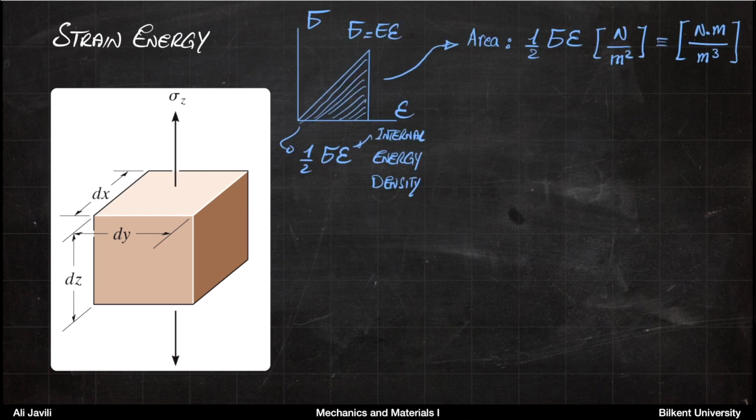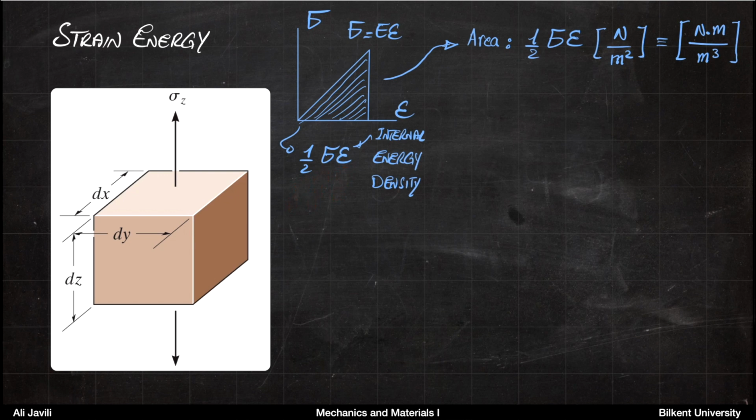Now for this picture, if you draw the stress-strain diagram, and again, I emphasize that we are talking about elasticity, the stress-strain diagram is just a line. So you have the linear relationship sigma equals E epsilon. Now the area under the line, or the integral here, would be 1/2 of sigma times epsilon.